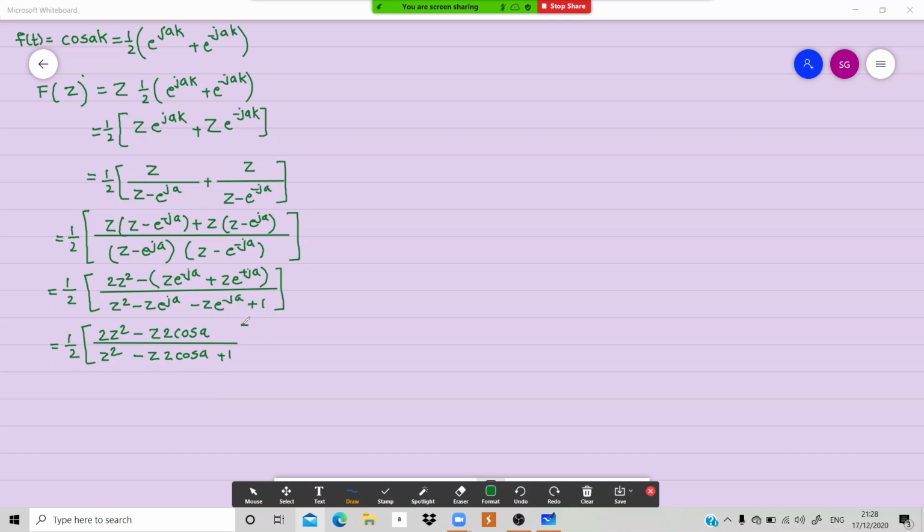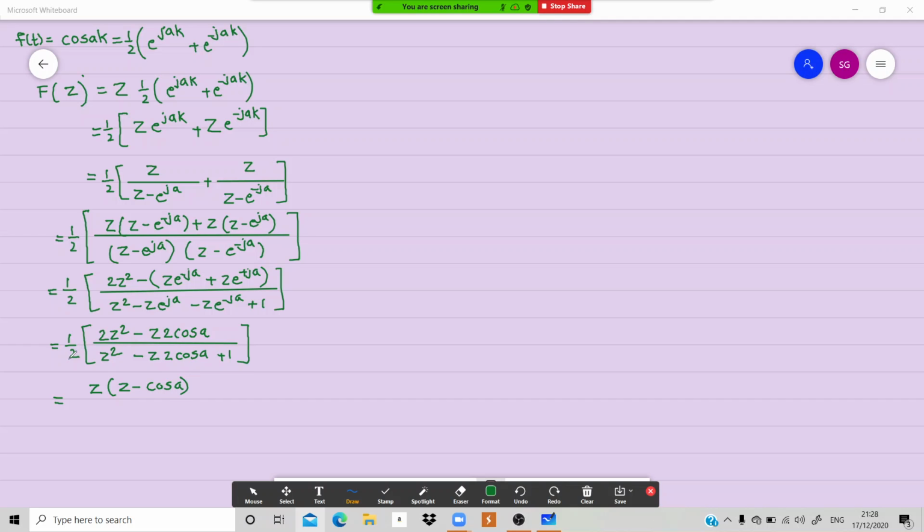Okay? Still, if you want to write in simplified format, because this 2 we can take it out and we can cancel it with that half. So you will have z minus cos a, correct?